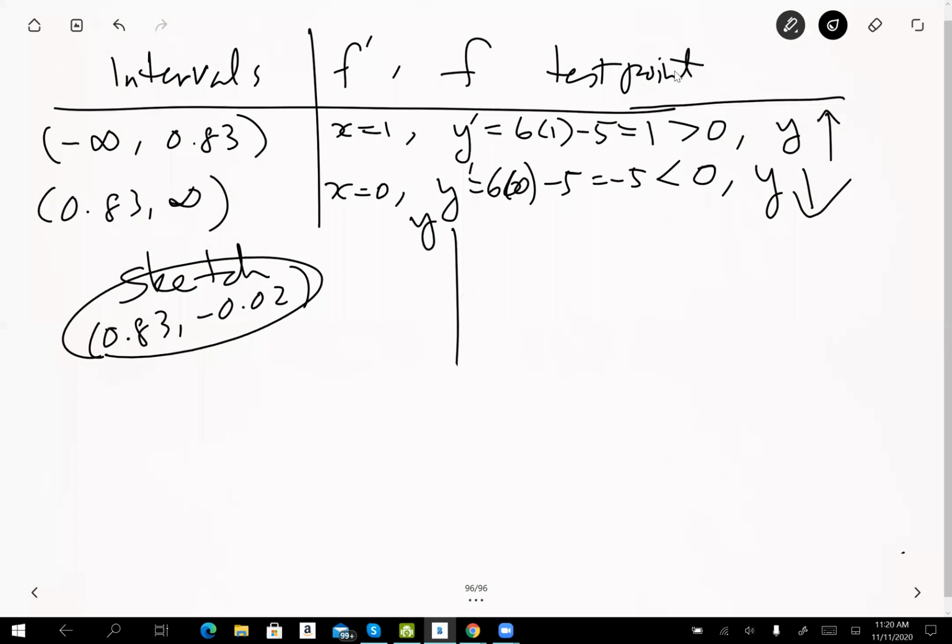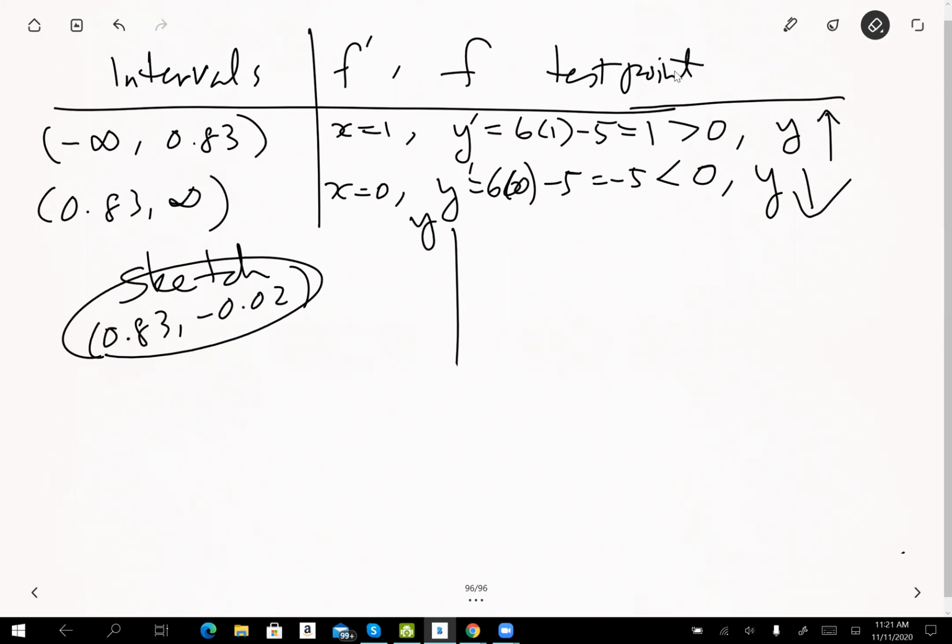So from the left, it's decreasing. The test point x equal to 0, the derivative is negative. We did it the wrong way around. x equal to 1, this is wrong. So that interval is wrong.